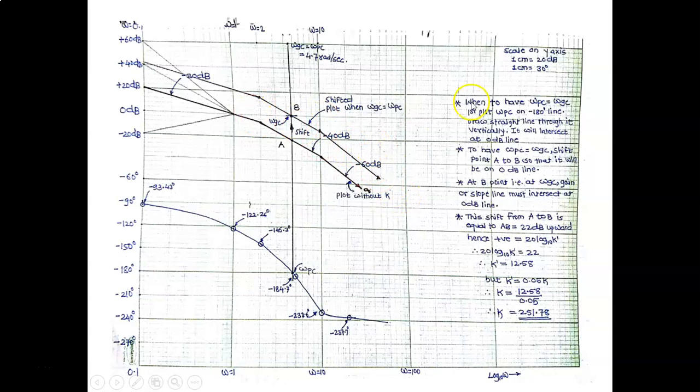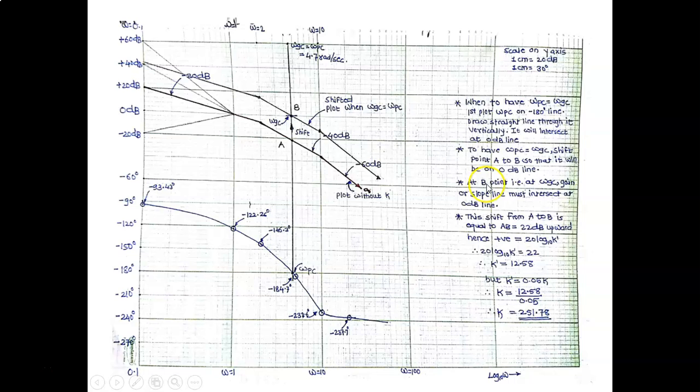Now, to have omega PC equal to omega GC, first plot omega PC on the minus 180 degree line, and draw a straight line vertically. It will intersect the 0 dB line. To have omega PC equal to omega GC, shift point A to B so that it is on the 0 dB line.